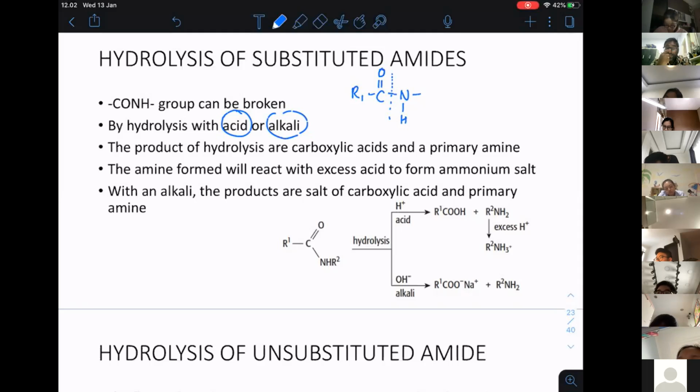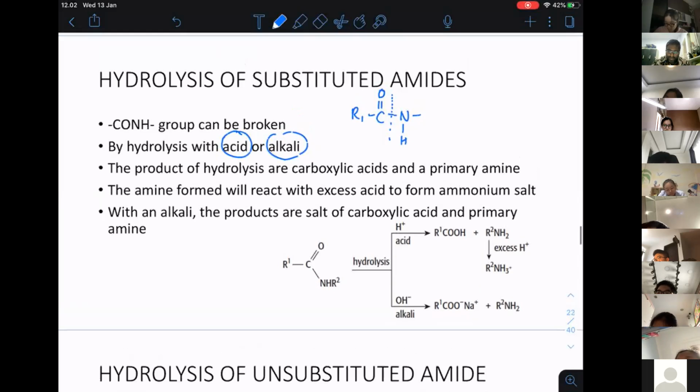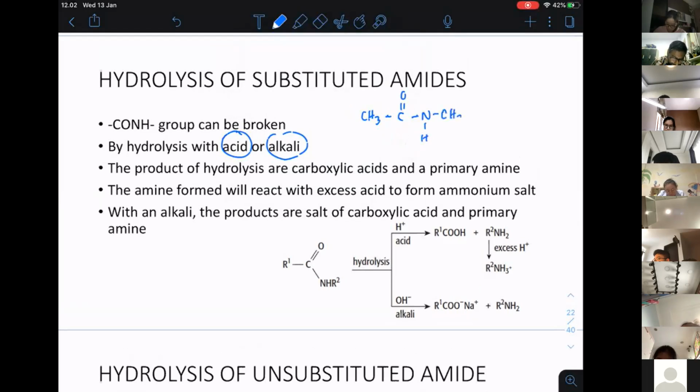Do remember, let me give you one example of an amide, CH3, C double bond O, NH, CH3.